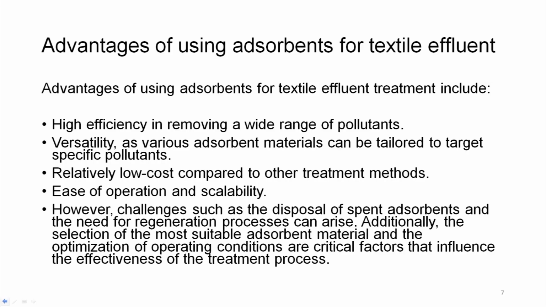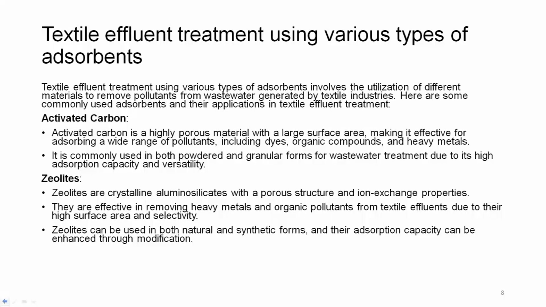So, now the question comes: which adsorbent to use, how to regenerate, what are the possible ways of regeneration and all the associated steps that are required for regeneration. Textile effluent uses various types of adsorbent.